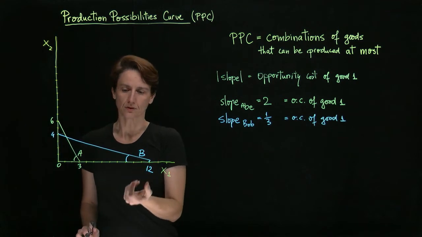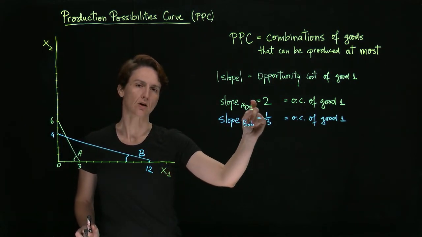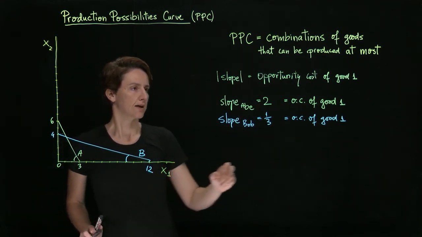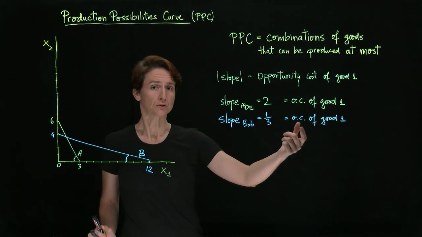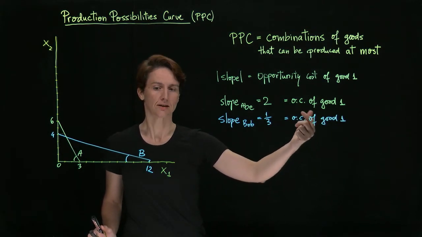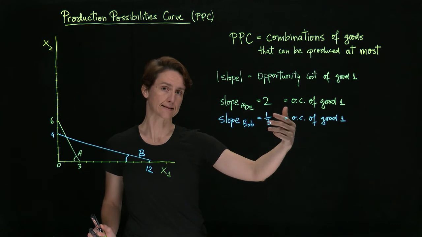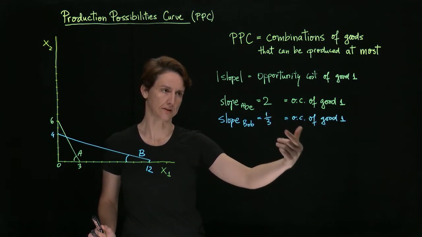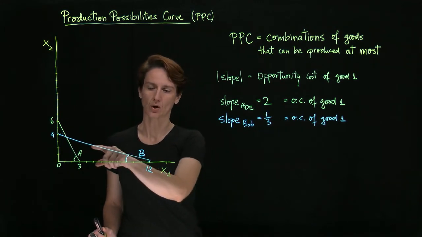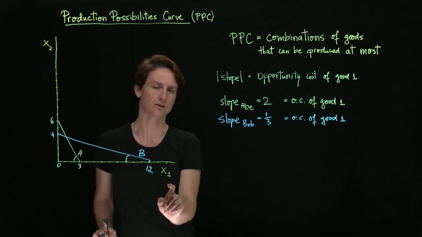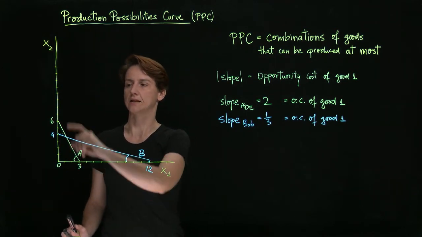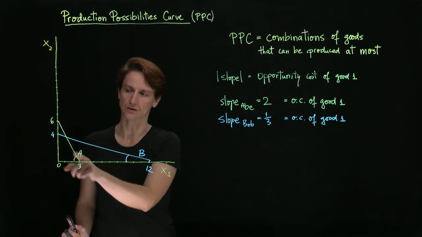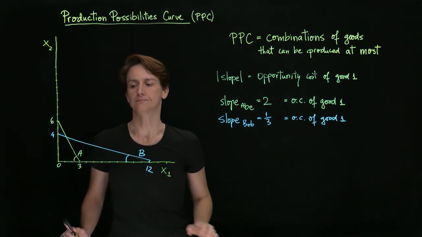If we have 2 producers and we compare their opportunity costs, whoever has the lower opportunity cost of a certain good is the one that we would say has a comparative advantage in the production of that good. So in this case, Bob has the comparative advantage in production of good 1, and Abe has the comparative advantage in the production of good 2.